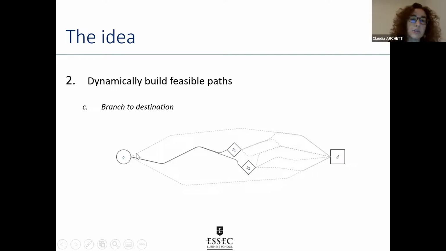And then we build two partial paths that go from the origin to each of the two stop locations. Note that these two partial paths are feasible because we stop before running out of fuel. So we have two partial paths from the origin to the stop locations, and then from each of the two stop locations, we repeat the procedure that we had before.